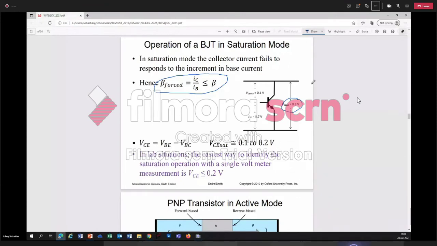Any questions from here? Yes. That's the boundary of active.